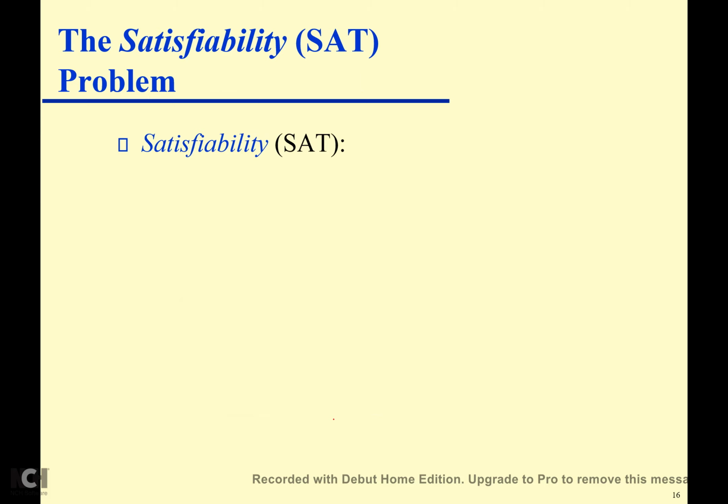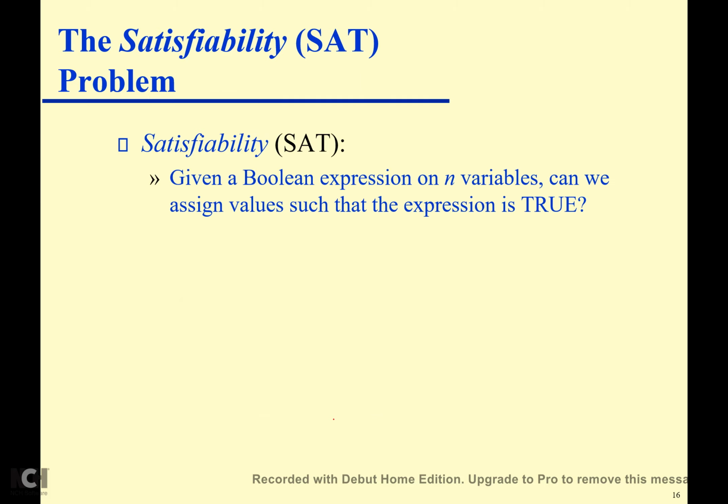Let's take a look at the SAT problem as an example. This is a basic NP-complete problem. We'll go to the NP-complete definition later. Now let's look at the SAT satisfiability problem. Given a Boolean expression on n variables, can we assign values such that the expression is true?